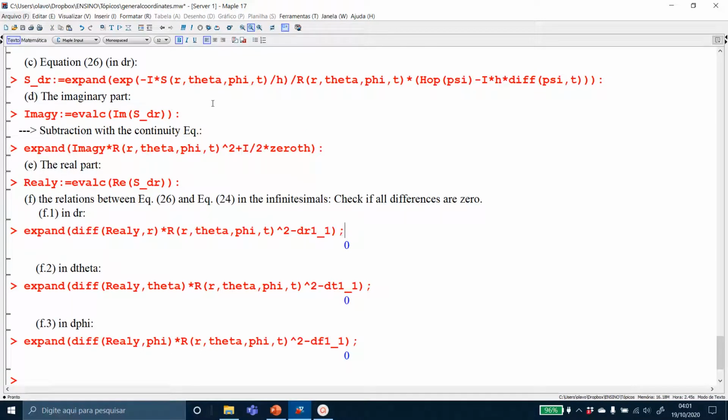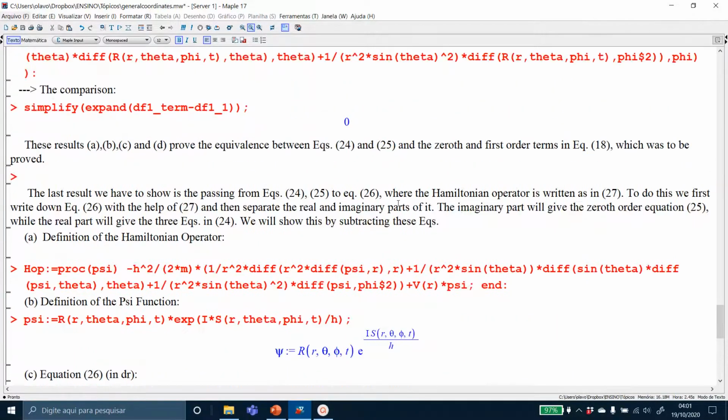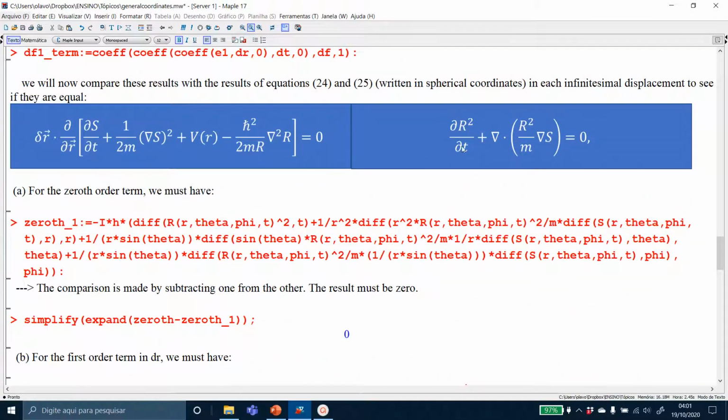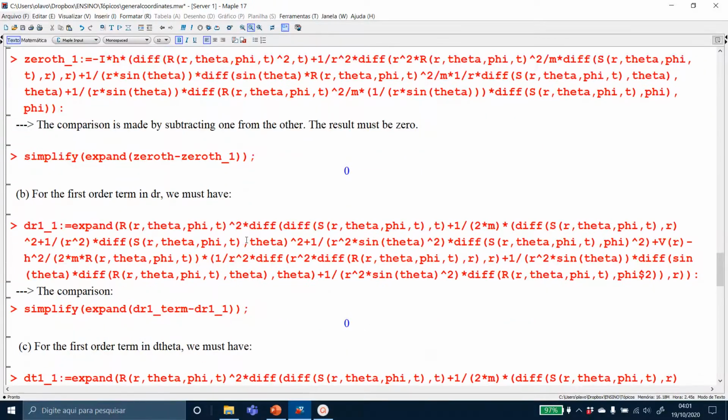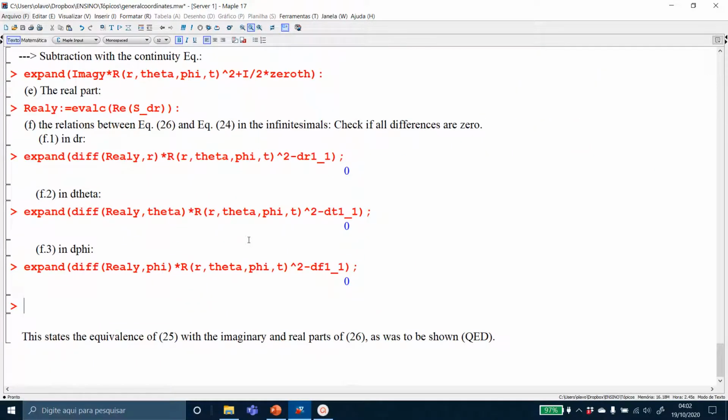So I'm not sure I have passed here. Let me calculate again. So let's see, this is all zero. This means that the Schrödinger equation, when we perform the necessary algebraic calculations, gives exactly these two equations here in the desired coordinate system, which is the result we want to present.